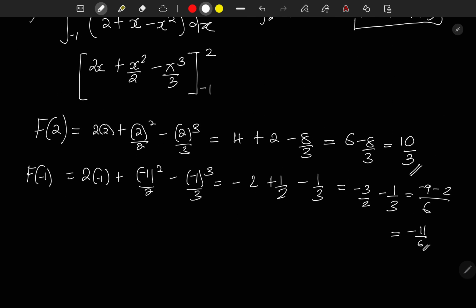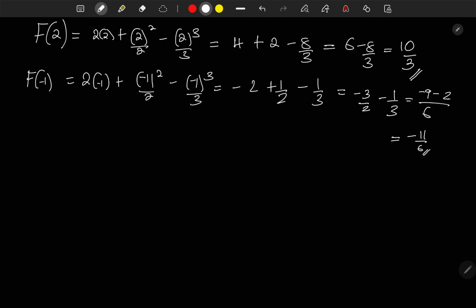Now we're not done. Remember, we need to subtract them. Therefore, F of 2 minus F of -1 is equal to 10 over 3 minus negative 11 over 6.